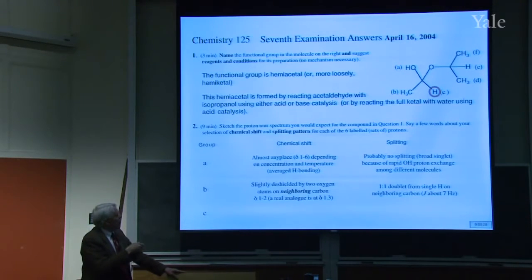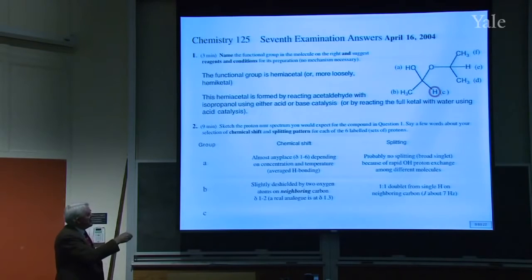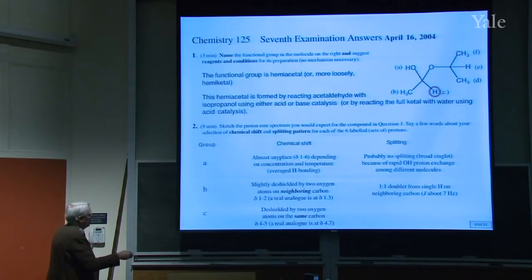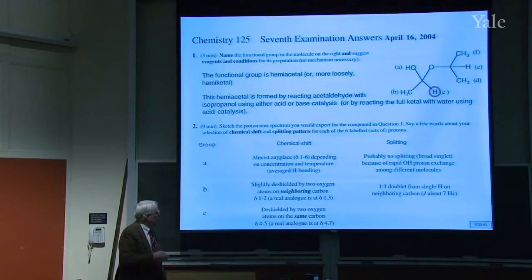It's attached to a carbon. What's that carbon attached to? Amy? They're oxygens. So it'll be shifted down more than this one was, right? Because it's closer to the oxygens, right? So it's de-shielded by 2 oxygen atoms on the same carbon, right? So it'd be around 4.5. There's an analog that's at 4.7.